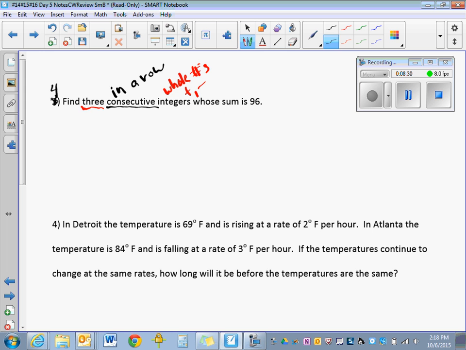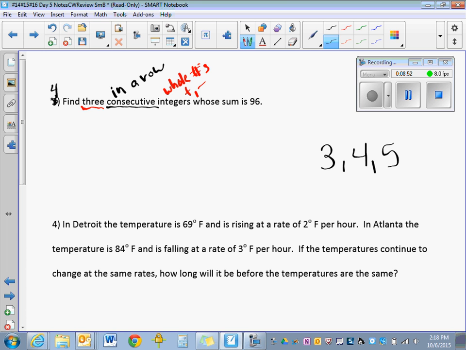Just an example. 3, 4, and 5. Whole numbers, and they can be positive or negative. Alright, so we have 3 numbers that have to be in a row.